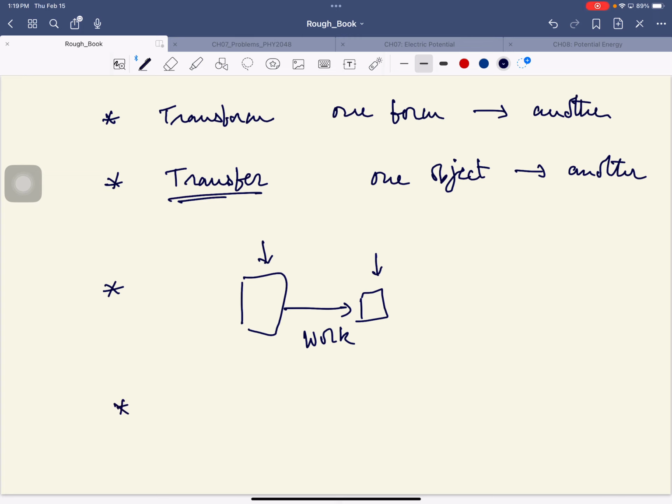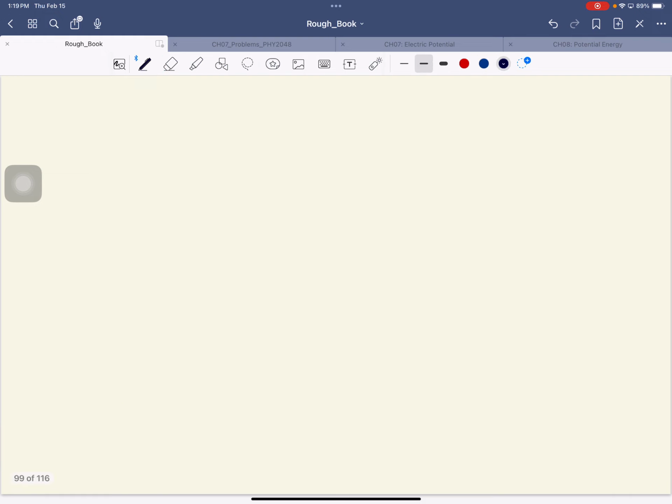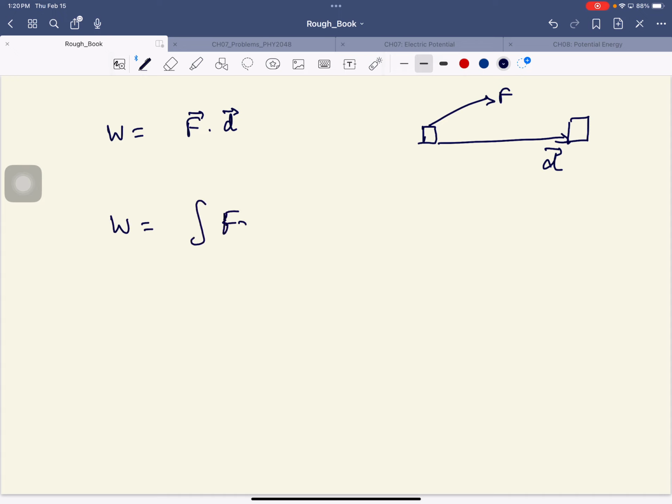How do you calculate the work done by a force? So you saw that the work done by a force is F dot displacement if the force is constant. And it's this integral if the force is changing and you're still going in a straight line.